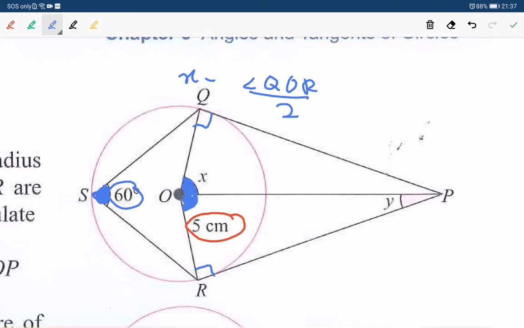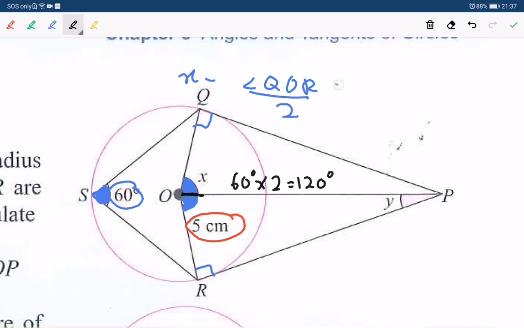So that means it's 60 times 2, and then we will get the QOR. So QOR equals 120 degrees. So X is QOR divided by 2 because the angle up and down is the same.